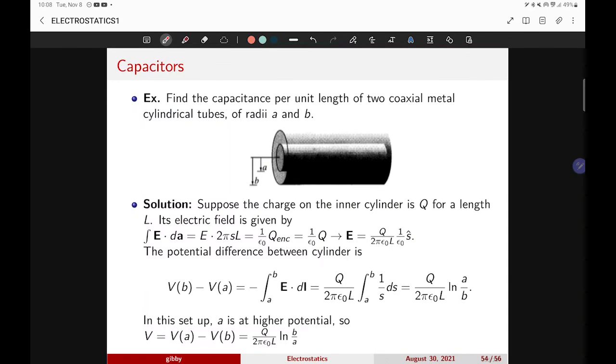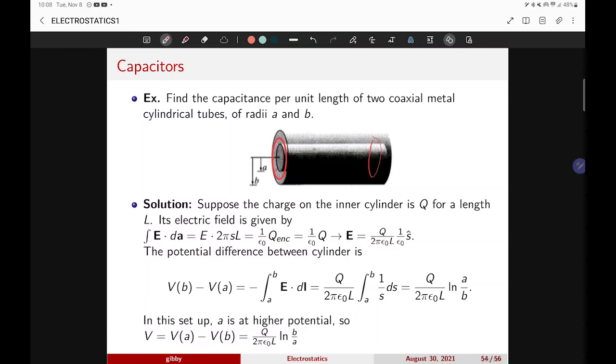You need to calculate the electric field. So for you to calculate the electric field, you need to use Gauss's law. And so from Gauss's law, you need to establish the Gaussian surface. Now for this case, the Gaussian surface is in between.